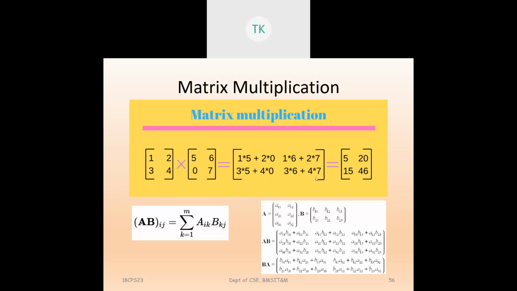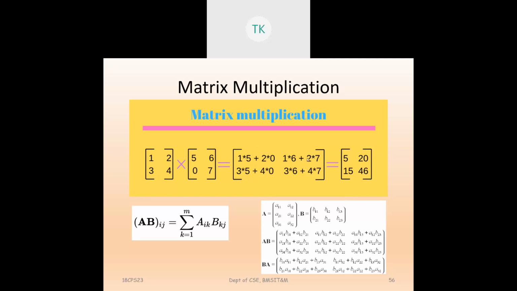So that is what I have shown here. So 1 into 5 plus 2 into 0. That would be my first element in the product matrix. So 1 into 5 plus 2 into 0 would give me 5. So I'm writing it down here.